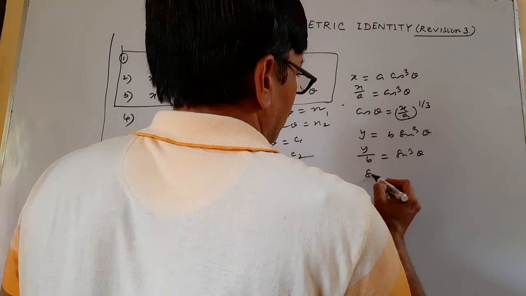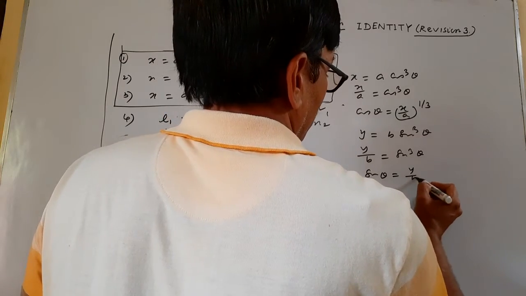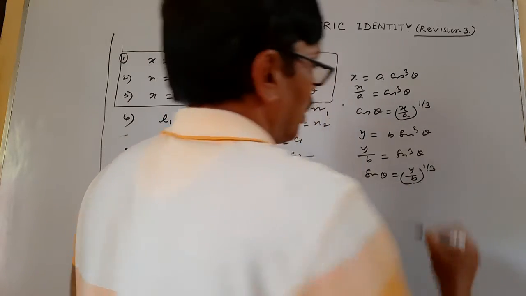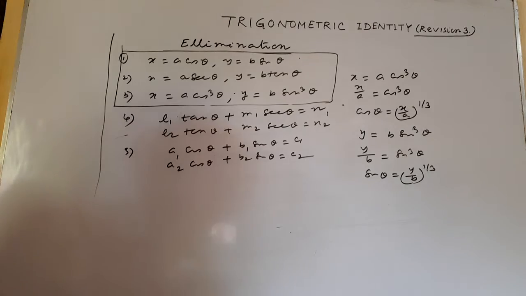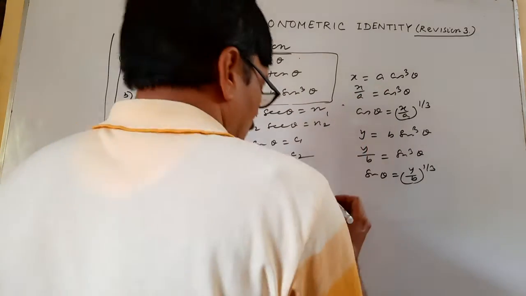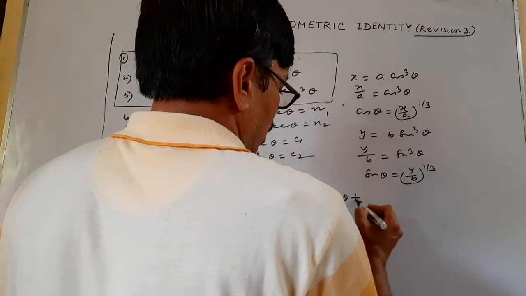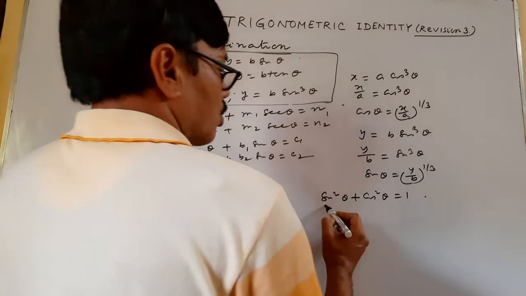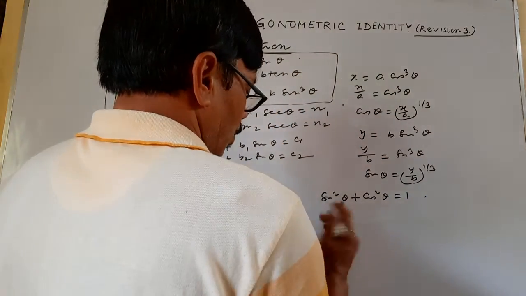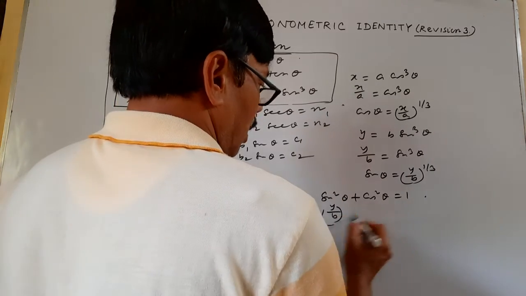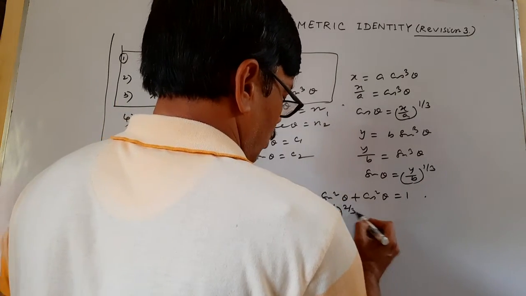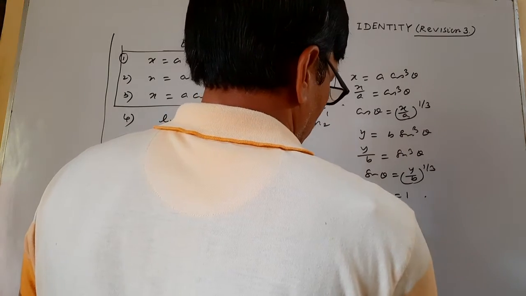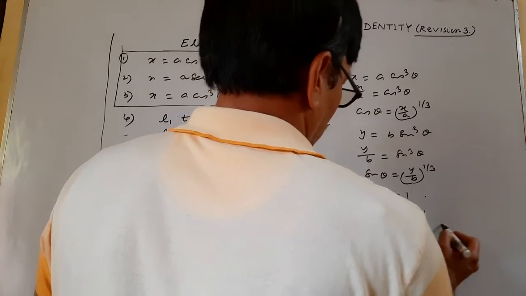So sine theta equals (y by b) to the power 1 by 3. Now using the identity sine square theta plus cos square theta equals 1, we get (y by b) to the power 2 by 3 plus (x by a) to the power 2 by 3 equals 1.